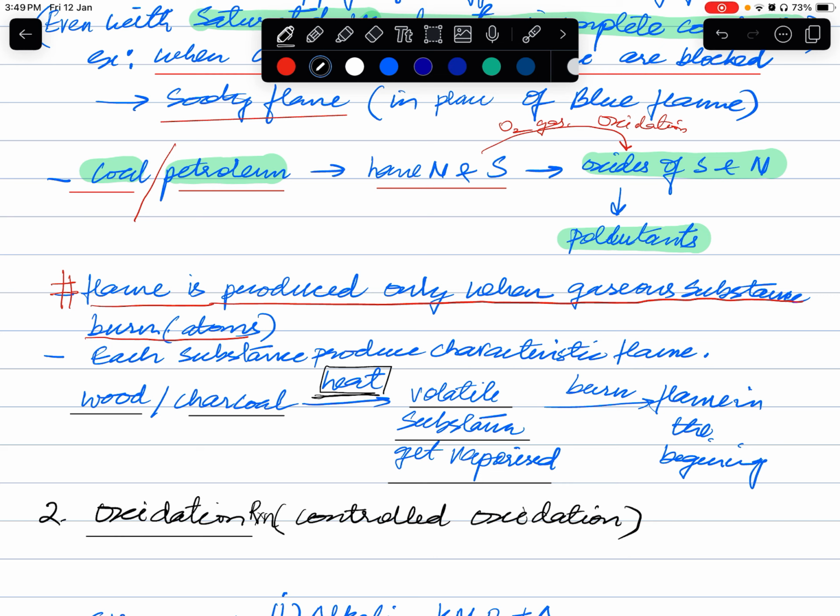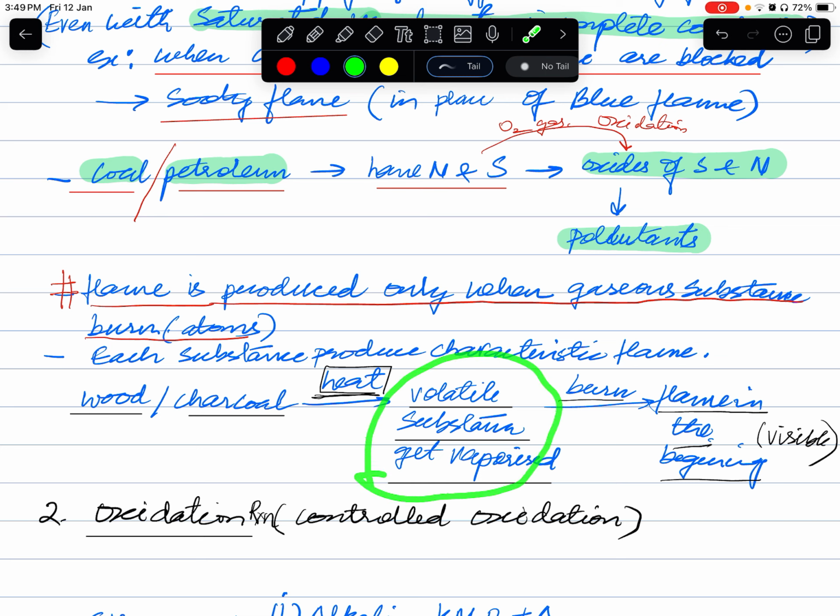So when these atoms burn, we get a proper, visible flame in the beginning, so your burning process is visible to you. But later on, when all the volatile substances which are vaporized get finished off in the wood, then we will not have a flame and your wood will only glow.